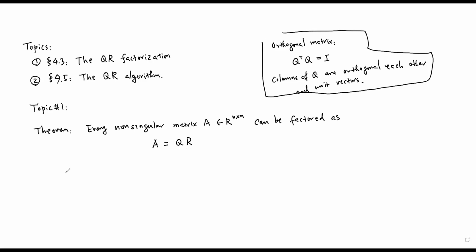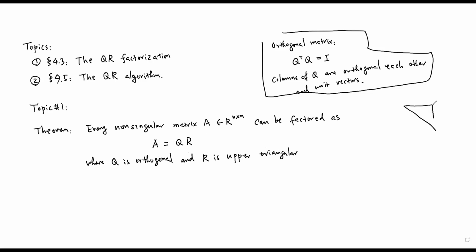Let me write this down. A can be factored as QR, where Q is orthogonal, and R is upper triangular.